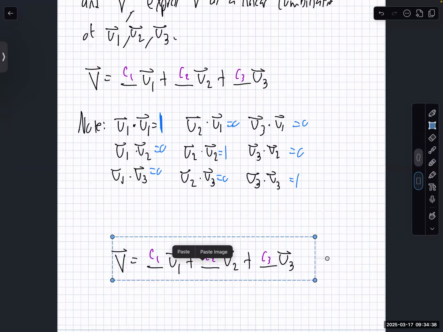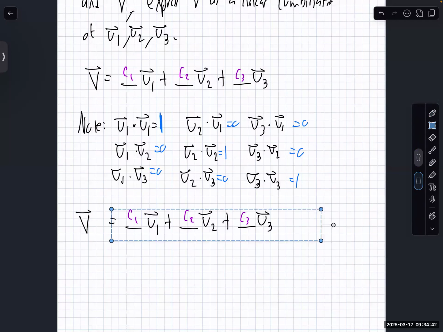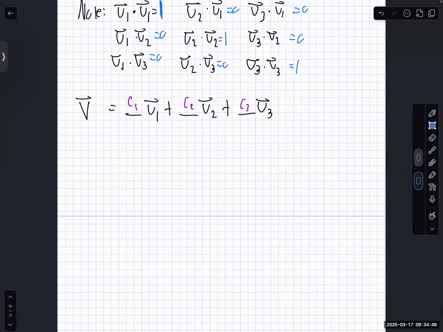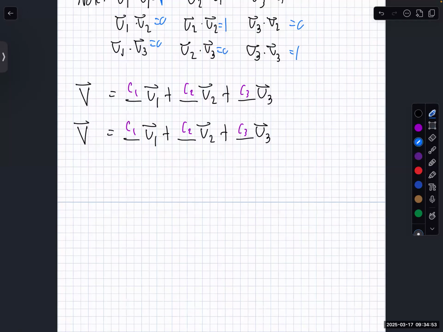Okay. So what I'm trying to do is find the C1, C2, and C3. So I'll take this, and I'm going to dot both sides of this equation by U2.